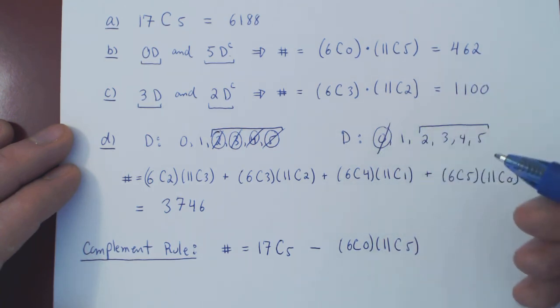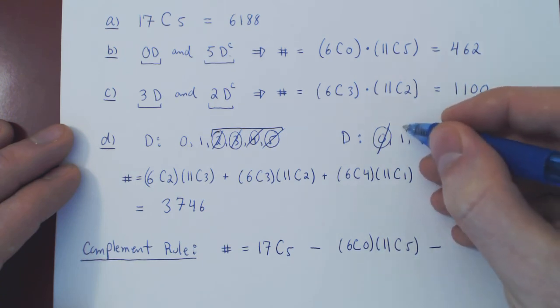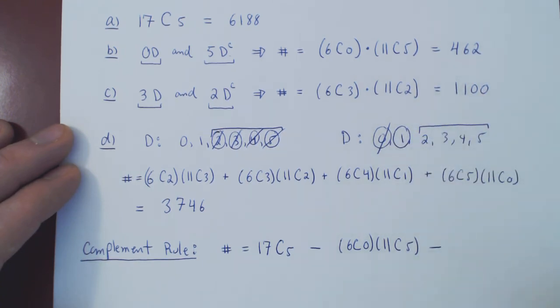We have to remove this case as well, so minus again, choosing 1 defective watch. Therefore, out of the 6 defective ones, we choose 1. And out of the 11, we must choose 4, as we are choosing 5 watches in total. And now we're done.